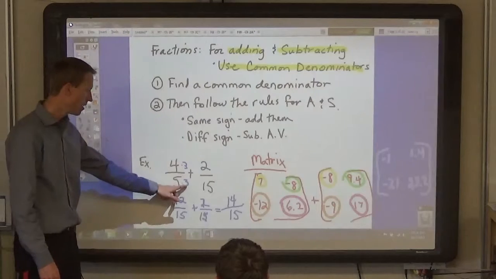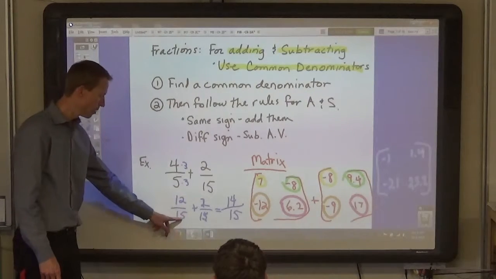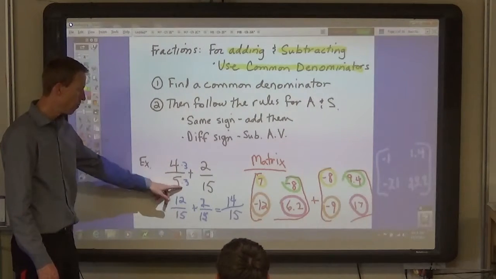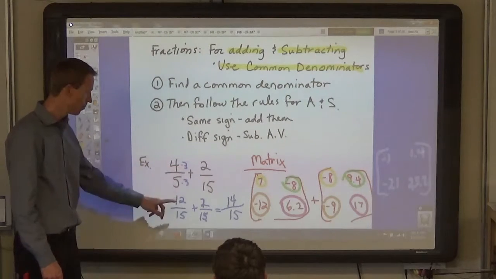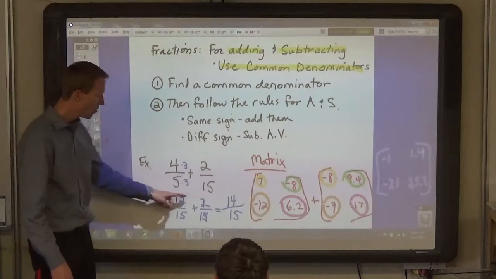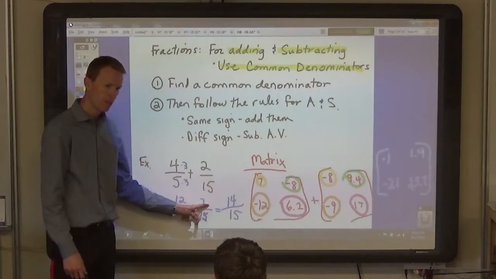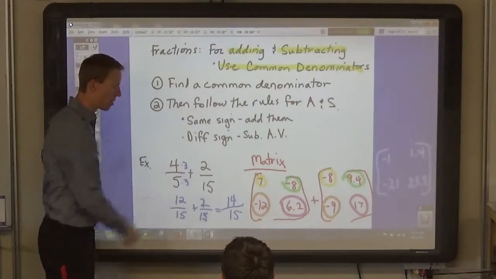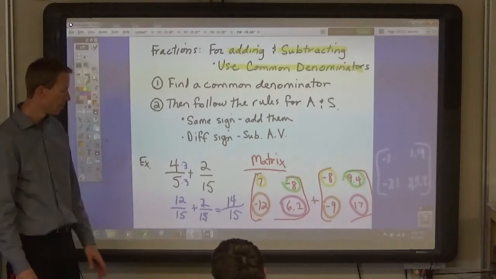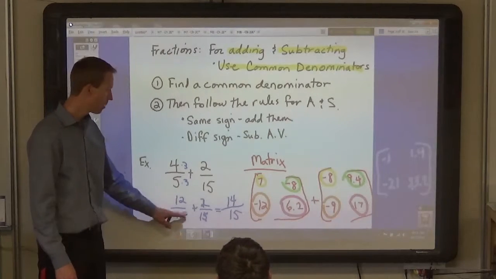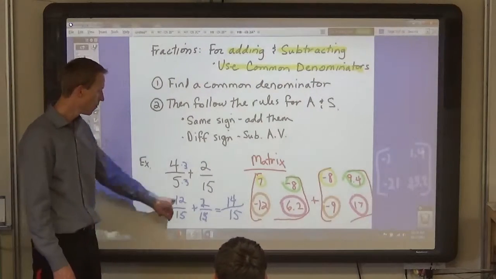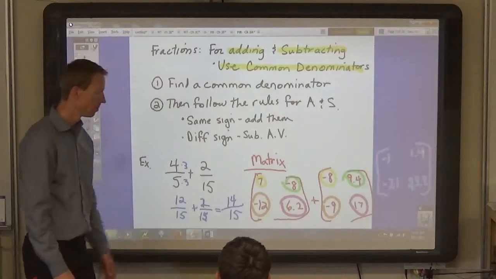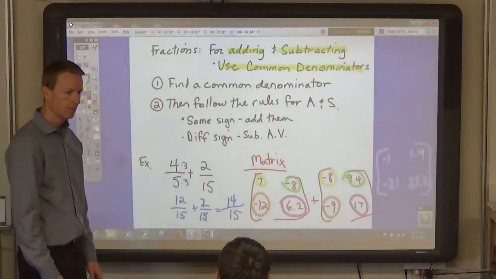By multiplying the denominator by 3, you get 15. If you multiply the denominator by 3, you have to multiply the numerator by 3 to get 12. And then you can add the pieces. The top number is the number of pieces, right? 12 out of 15 plus 2 out of 15. 14 out of 15. Okay?